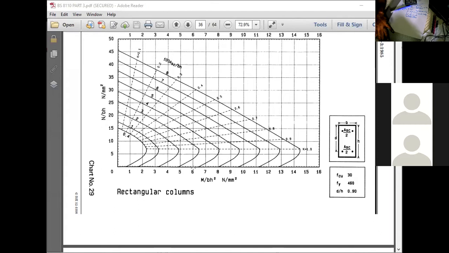But you know that in a column or a wall, we like to be in this region. Why? The whole section will be in compression. We don't like to be in this region. In this region, the axial loads are so low, bending moments are high, so tension is occurring. Whereas if you are in this region, then the axial loads are high, bending moments are low, then the whole section will be in compression. Is that clear?